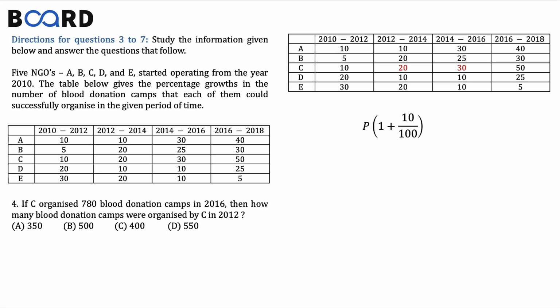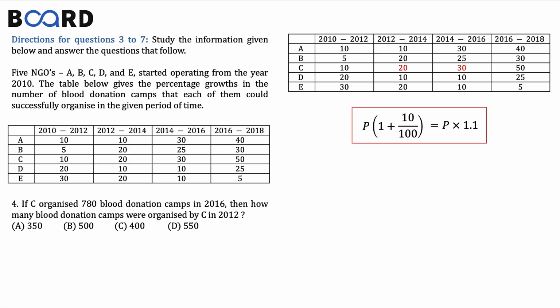So what we can do is, if we know this, that P into 1 plus 10 by 100, so basically when P is increased by 10%, it's the same as multiplying the value of P by 1.1. That's called the multiplying factor.